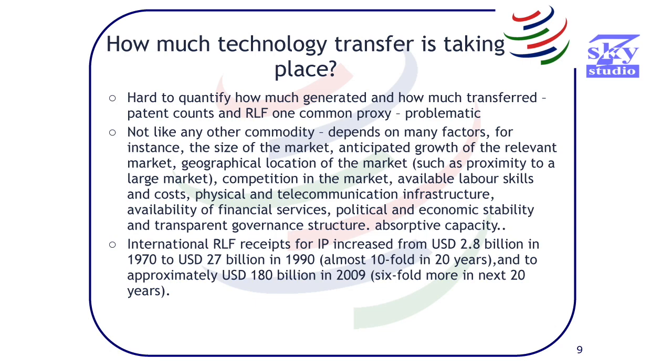And we said before that technology transfer is actually a term that can cover wider means of transferring technology than just licensing out. But obviously this is the most evident one. But all these proxies are obviously problematic. And what we see is that technology and technology transfer is obviously very different from other commodities, and this is why it's so difficult to measure.